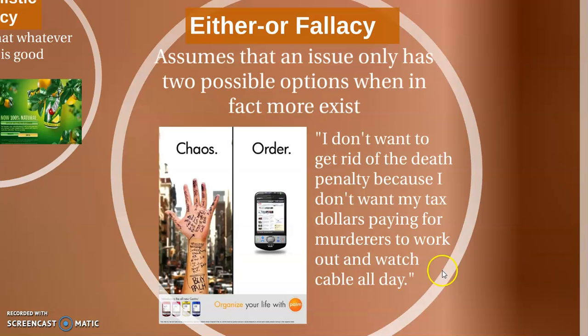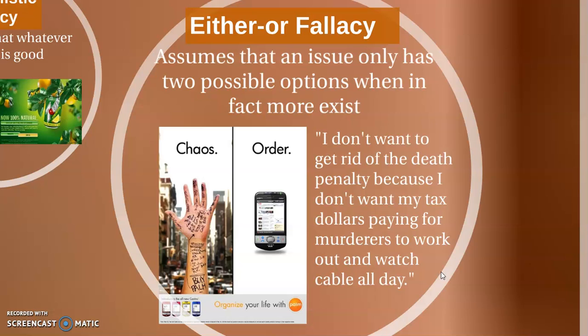This example on the right is actually a quote from a student in one of my classes who was doing a debate on the death penalty. And she said, "I don't want to get rid of the death penalty because I don't like my taxpayers paying for murderers to work out in the gym and watch HBO on TV all day." So I think it's important to recognize that there are other options here, right?